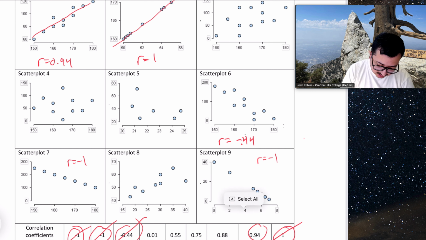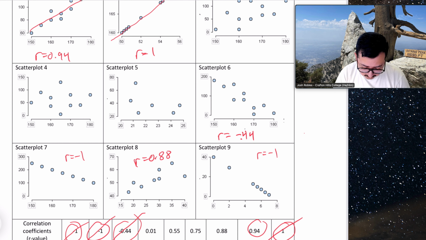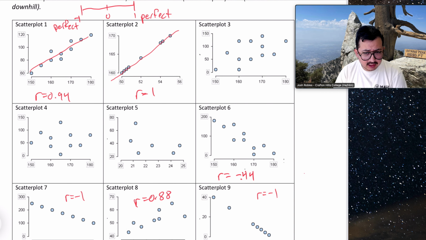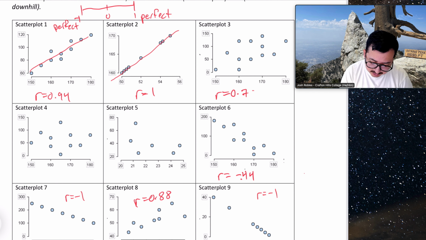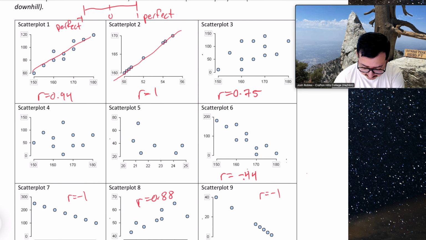My guess is 0.88 for scatterplot 8. And then 0.75, I was thinking 3 was just a little less correlated than 8, so that's where I'm going to put 0.75. It's similar, a positive, pretty strong correlation, but not quite as good as the first two. That could be 3.